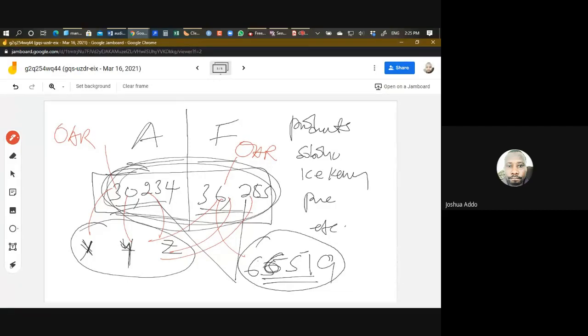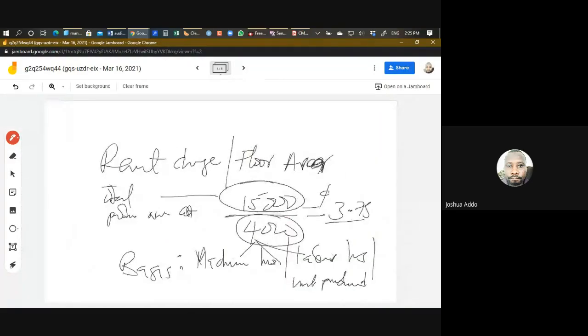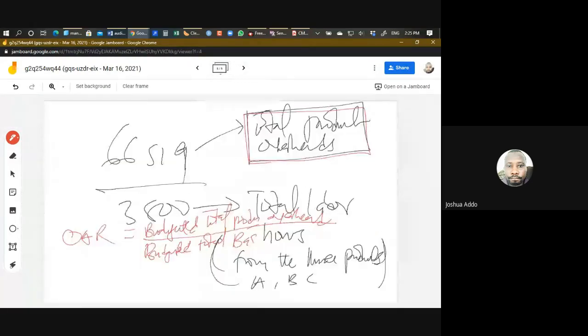In that case, we'll add these two and prepare only one OAR, which we'll use to share this total cost to the product. An example will illustrate it better. So let's take an example.